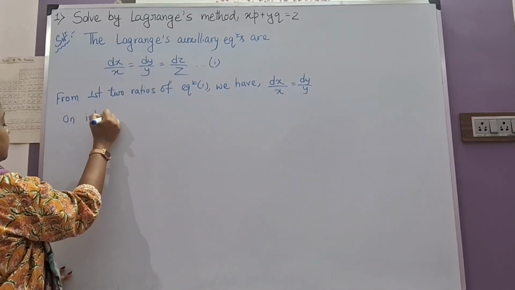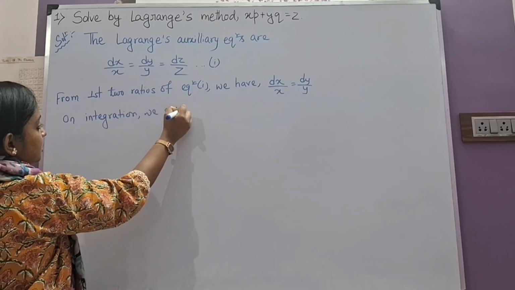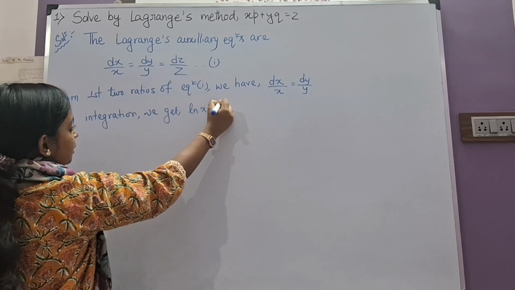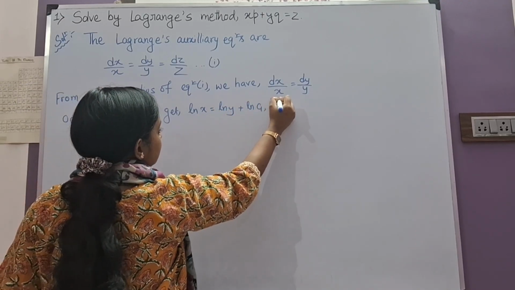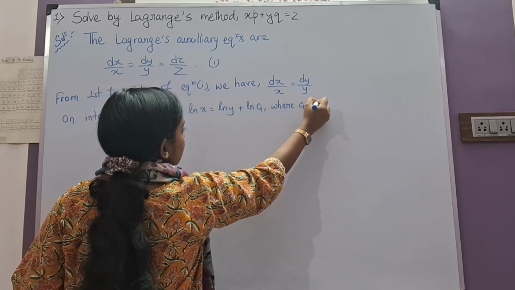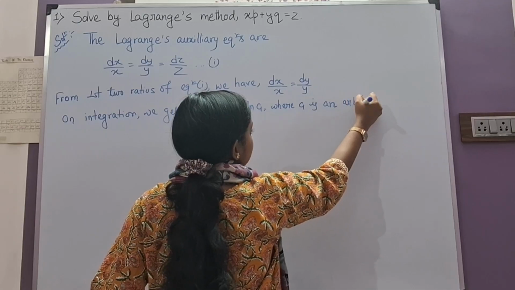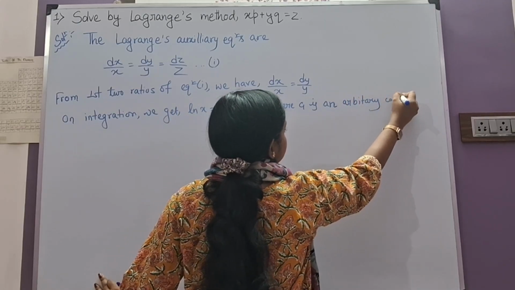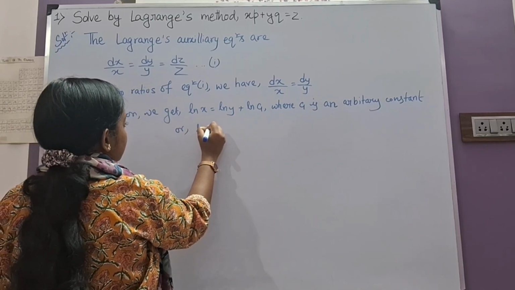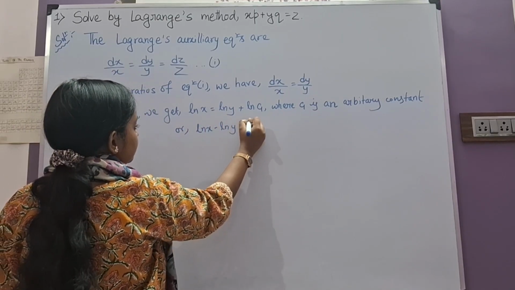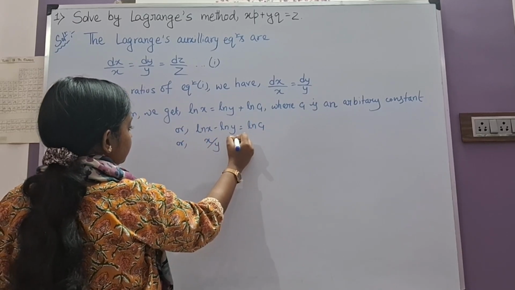Now on integration, we get log x equal to log y plus log c1, where c1 is an arbitrary constant, or log x minus log y equal to log c1. Now we are going to remove the log part.